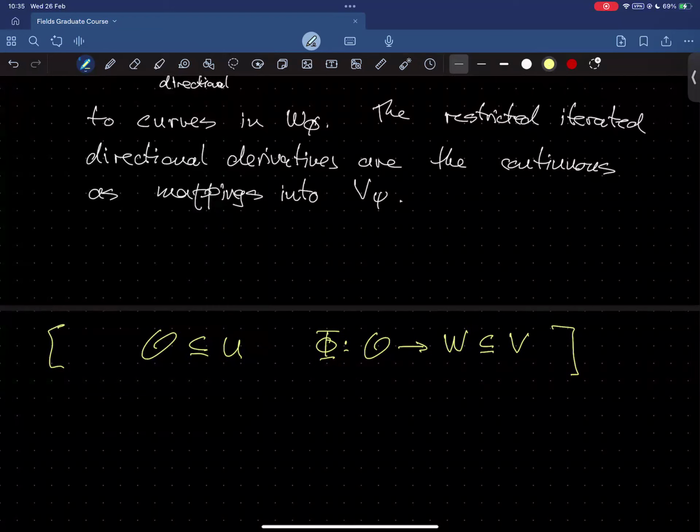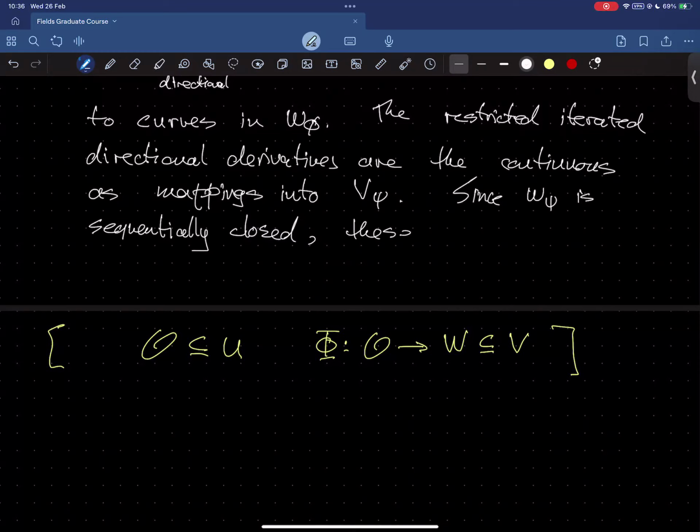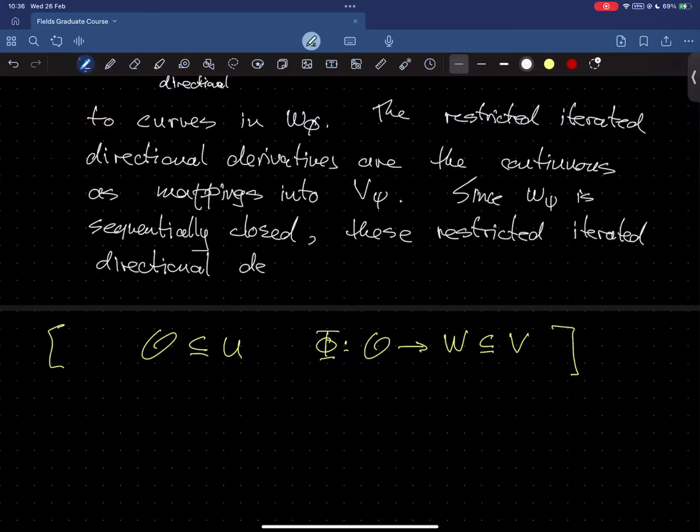I will summarize that by just saying, since W psi is sequentially closed, these restricted iterated directional derivatives are continuous as mappings into W psi, not just V psi.